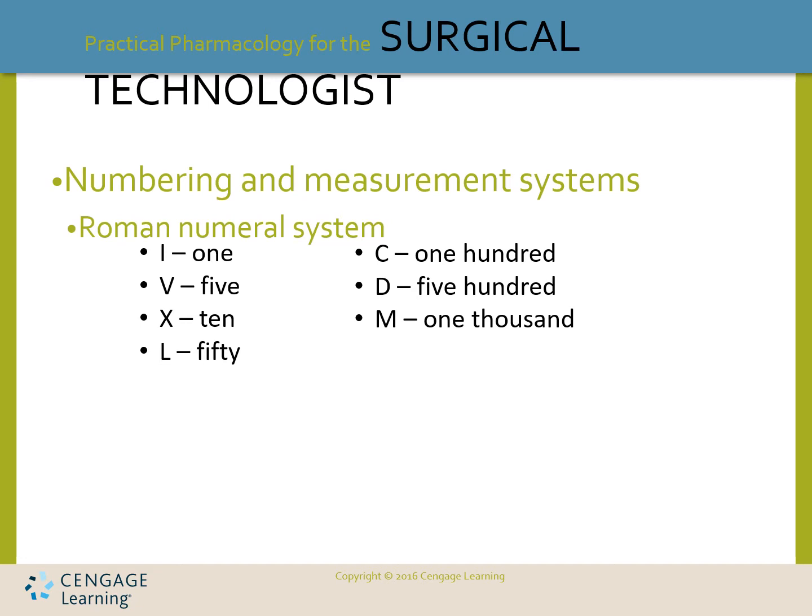So if we had VI, for example, that would be 6. But if we have a lesser value placed to the left, then we subtract. So on the flip side of that example, if we had IV, then that would be 4, okay?